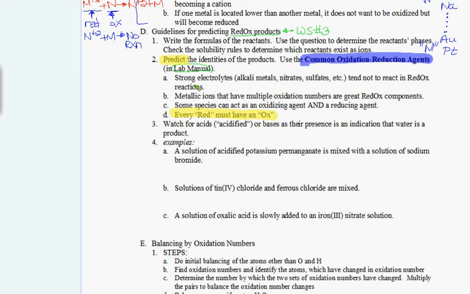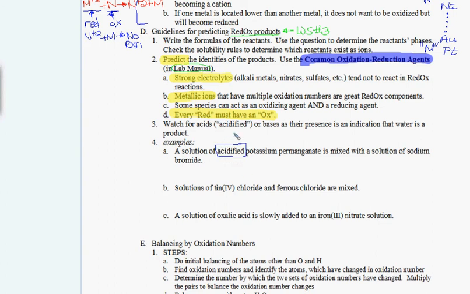It's also very smart to notice your strong electrolytes, similar to your strong electrolytes in the Bronsted reactions or hydrolysis. They tend to be the ones that are going to be removed. And really watch for those metallic ions because they're going to be doing quite a bit of work in these redox reactions. So, first thing you want to notice is that we have a solution of acidified.